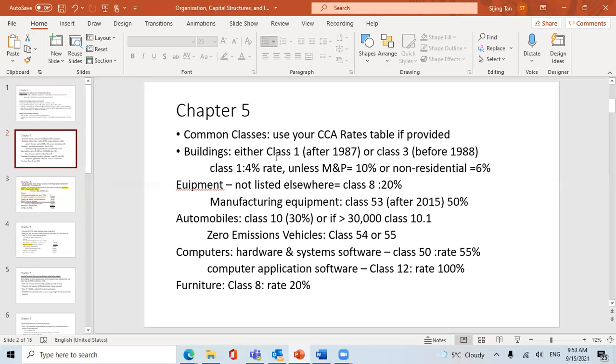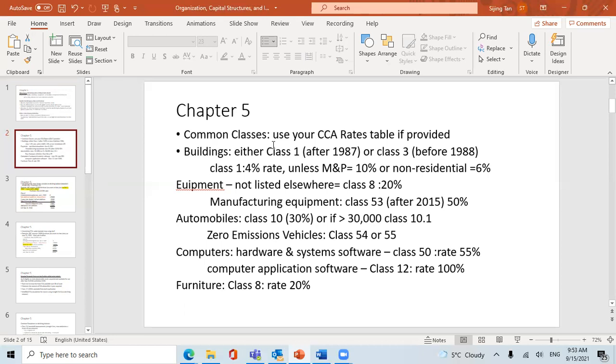Before 1988 it goes to class 3, also 4%. But pay attention for class 1: if 90% or more is used for manufacturing and processing, the rate goes up to 10%. If it's not qualified for the manufacturing and processing rate, but 90% or more is used for non-residential purposes, the rate is 6%. So that's the difference under building classes.